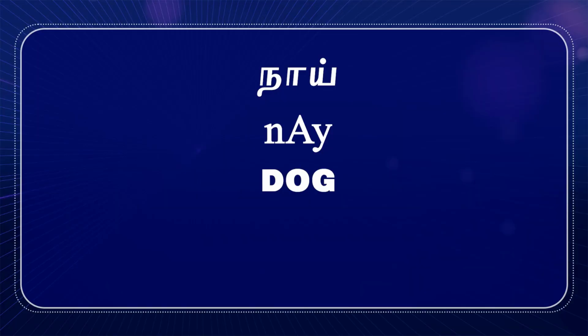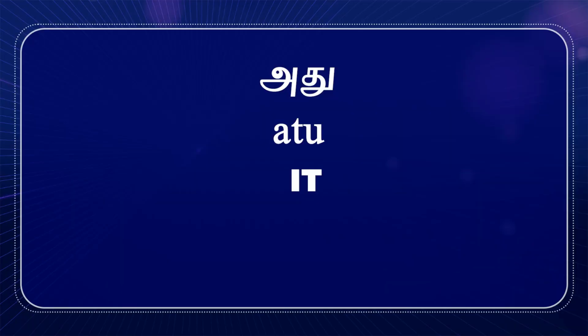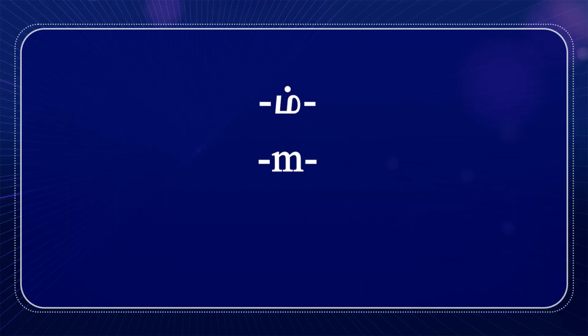Similarly, in the second example, the subject is nai, also a non-human noun. The third sentence subject is adu, which means it. This is also a non-human noun. If the subject is a non-human noun, the verb usually takes um as future tense marker in Tamil.